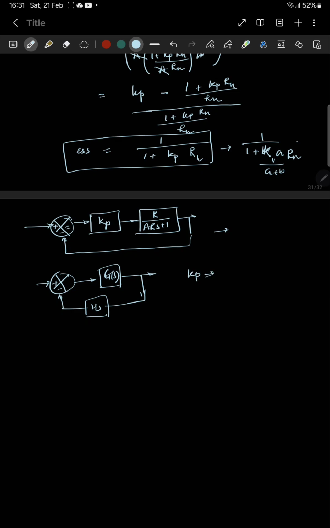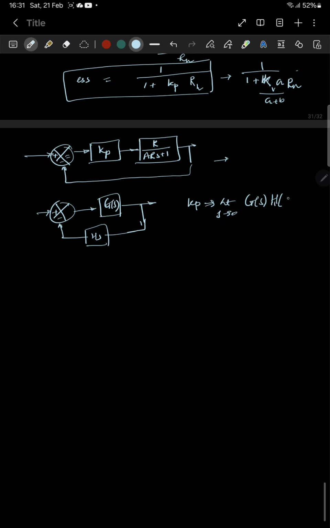Kp is limit s tends to 0 of G(s) H(s). This is for a first order system, and steady state error is 1 by 1 plus Kp. So if we check this and this, here this will go away. So Kp will be, I'll call this Kp dash. Kp dash will be Kp into Rh. So you can see this thing exactly matches.